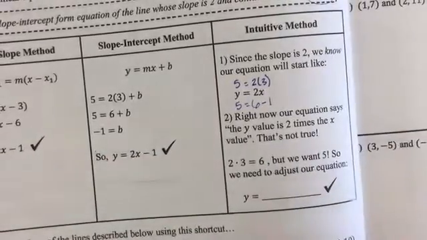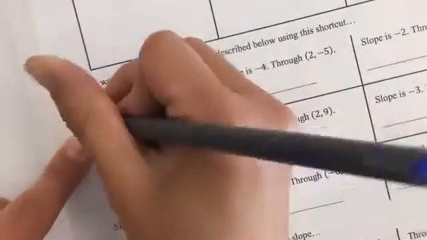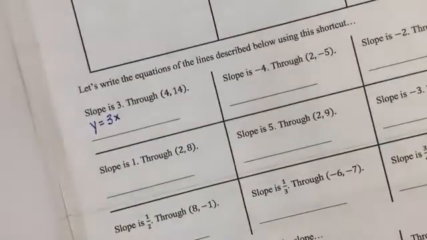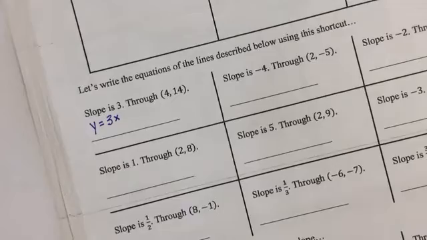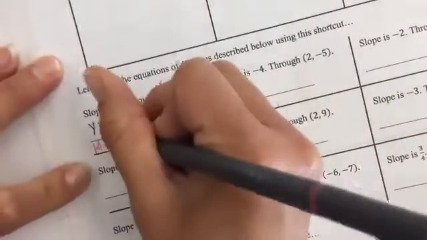Pretty crazy. I've never used this method, so let's try this a couple times. It only works with practice. So our slope is 3, which means our equation is y equals 3x. What we're going to do is put the x and the y into the equation. So I have 14 equals 3 times 4.